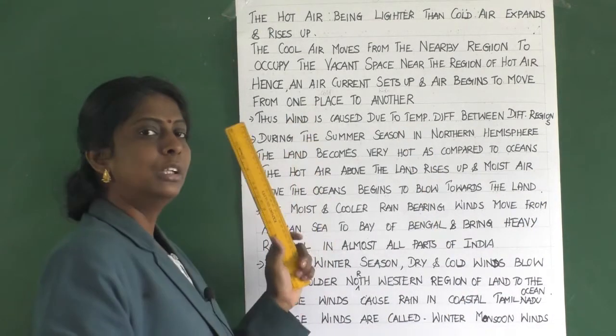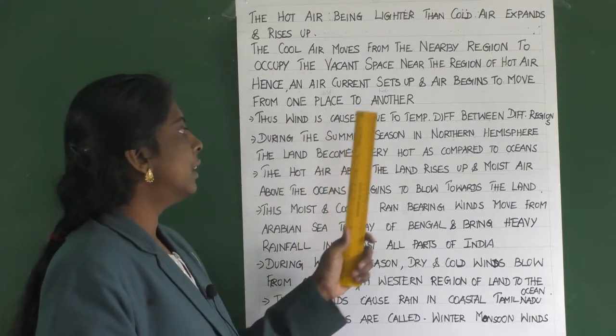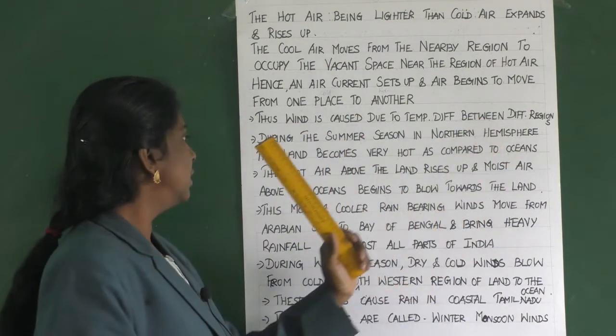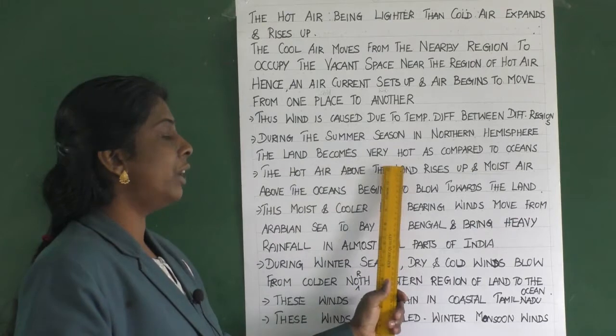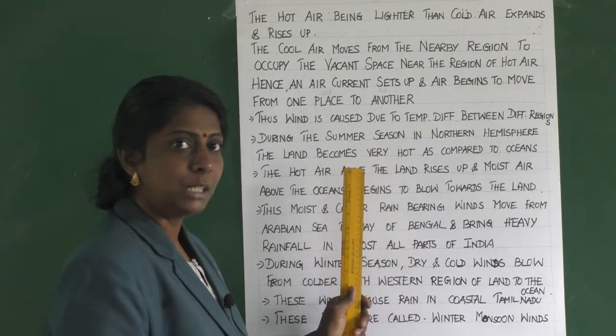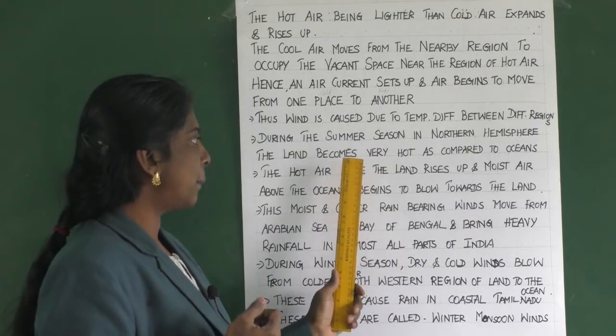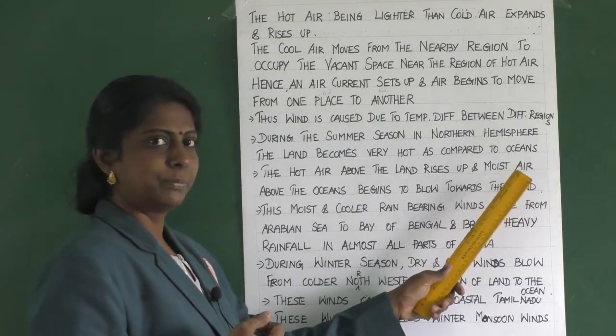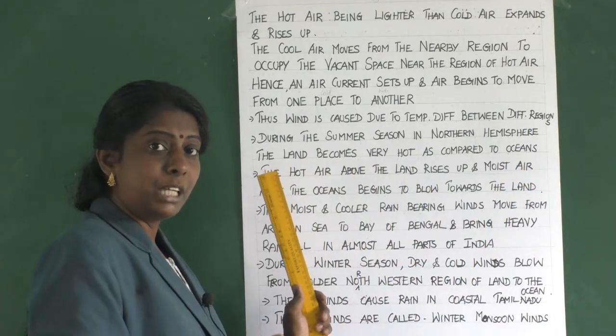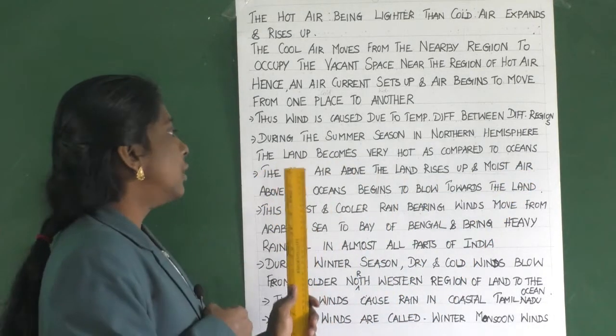Clear? Then, during the summer season, in the northern hemisphere, the land becomes very hot as compared to oceans. So what happens?